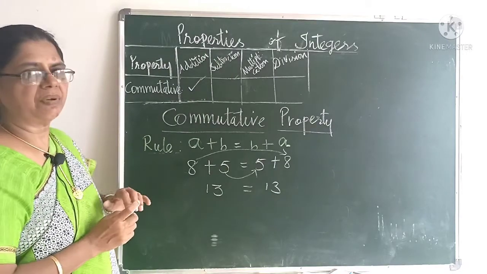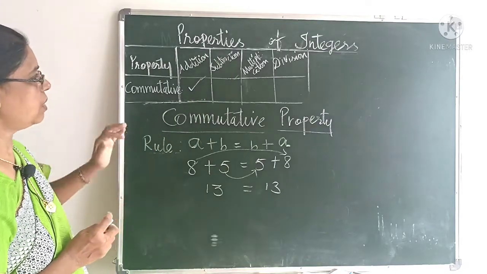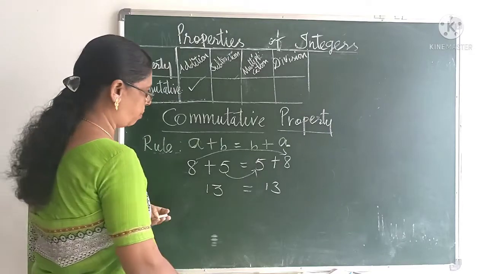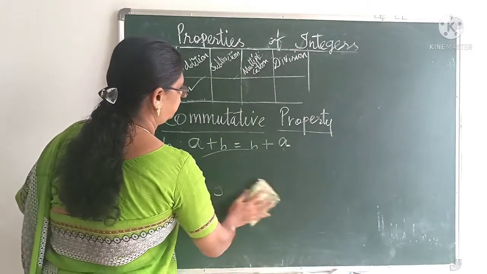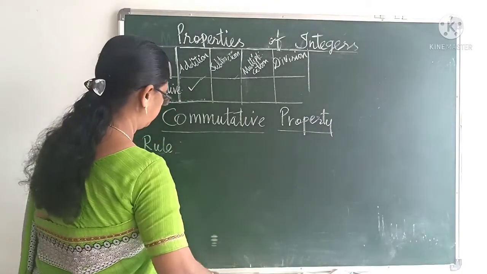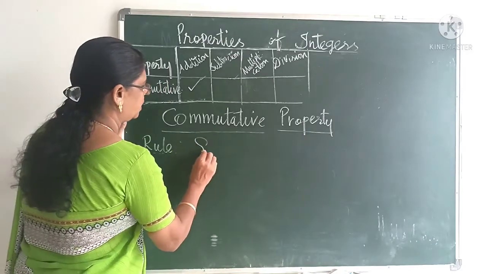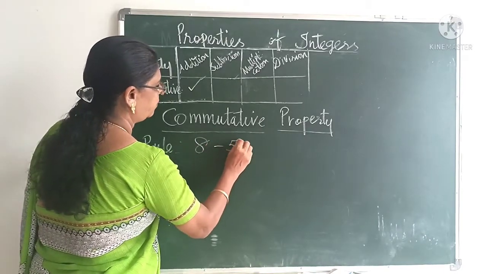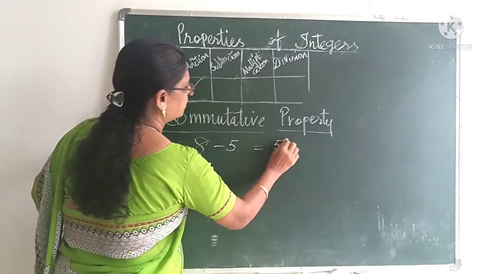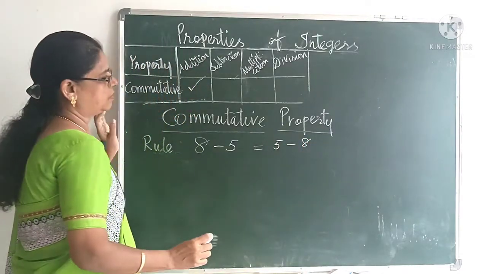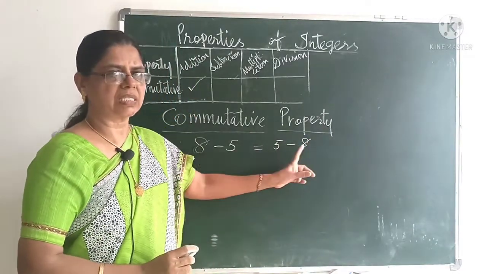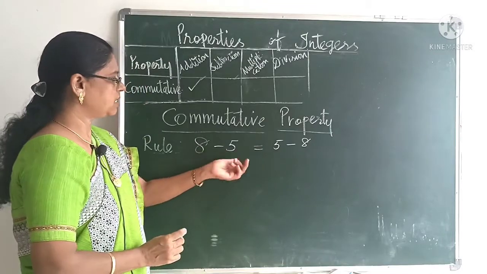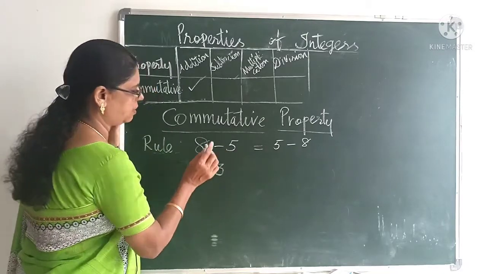Now let us check whether subtraction of integers holds commutative property. See, 8 minus 5, but we will check whether 5 minus 8 is also the same or not. 8 minus 5 is 3.